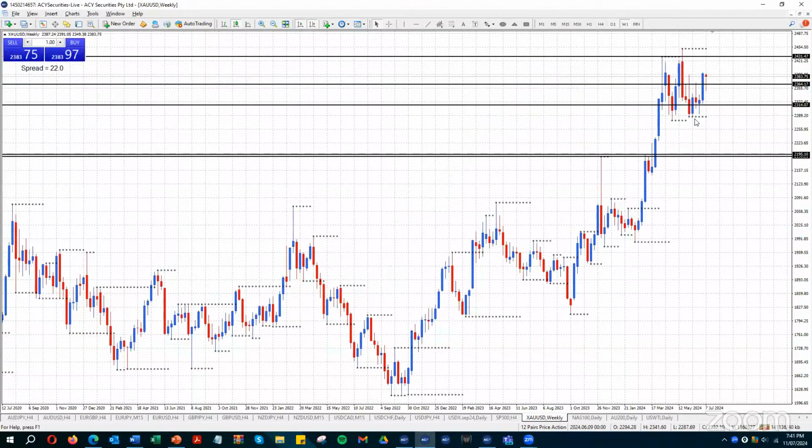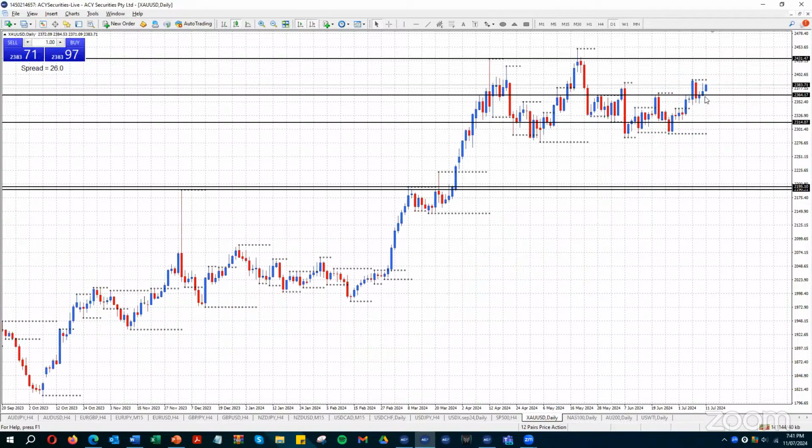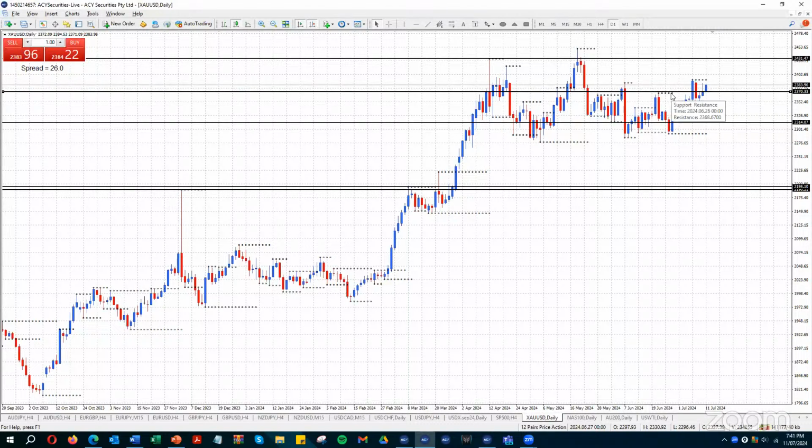Higher bottom, higher top, higher bottom. It's been rather range bound and kind of mixed in terms of its direction on the daily over the last month or two, whilst the weekly trend is remaining up. All right, so the day trend is up. Really, today, this high here, 23.6867.